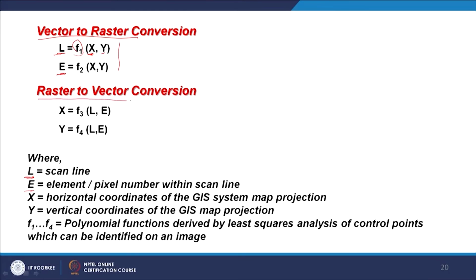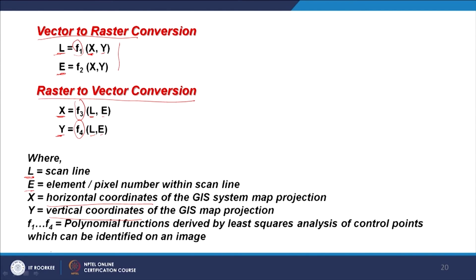In case of raster to vector, again I will be employing different polynomial functions, but here I determine coordinates using row number and column number, L and E, as input. L stands for scan line or row in raster, E is the element, the pixel or column number, X is the horizontal coordinate, Y is the vertical coordinate, and so on.